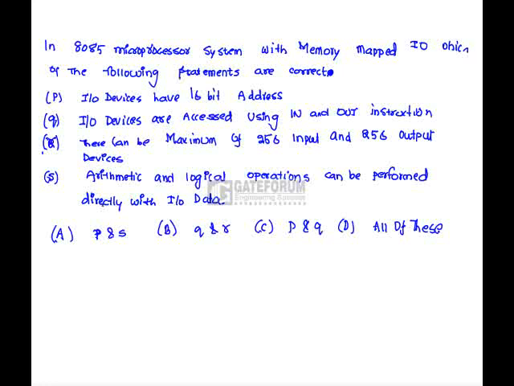This statement is correct because memory space is allotted to the IO devices, and logical and arithmetic operations can be performed with memory space. Hence we can perform them directly with the IO device as well, because it uses memory instructions. Hence statements P and S are correct. Hence option A is correct.